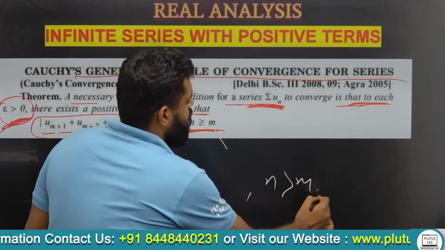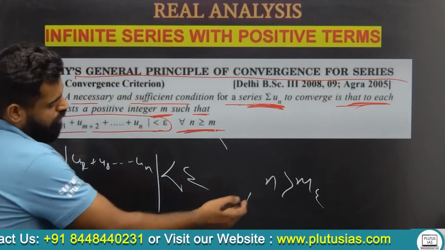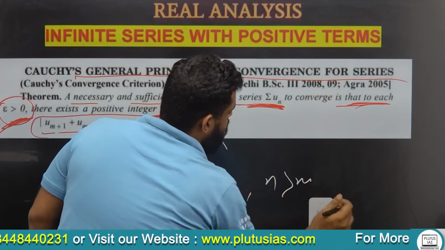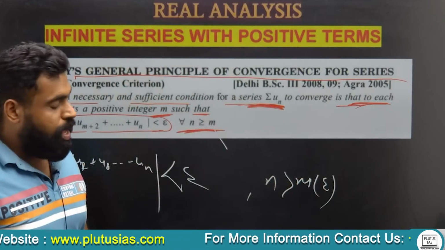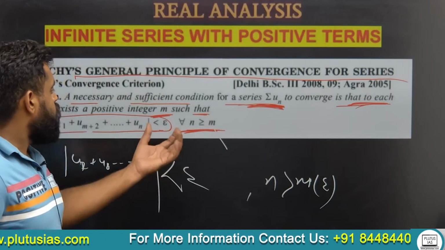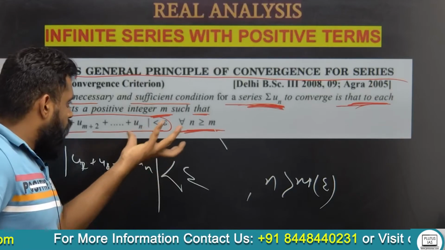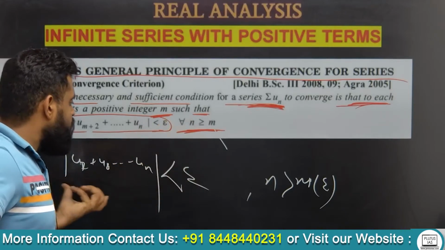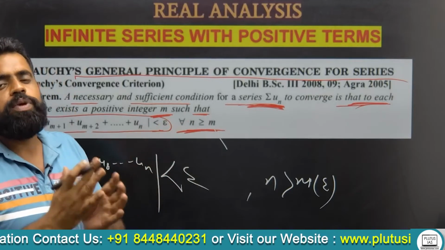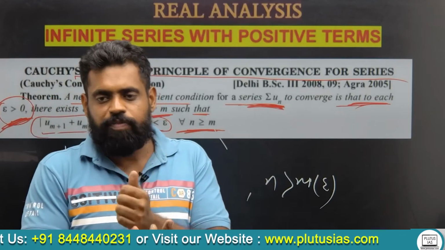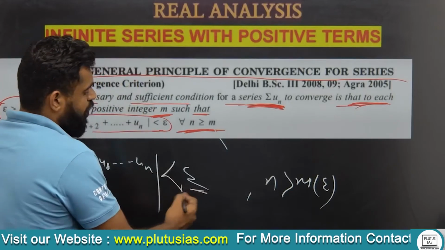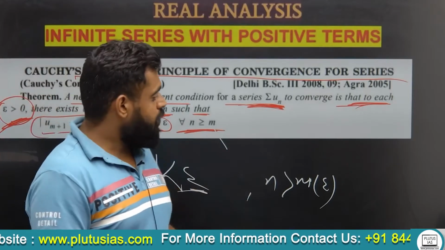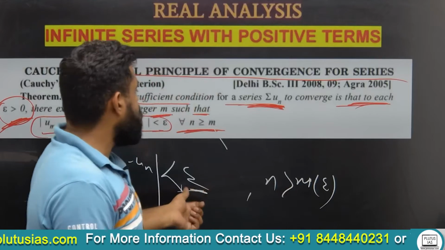I could write this showing that m is a function of epsilon. So after a specific m, all the summation is less than a fixed number, that is epsilon, and the value of m depends upon this epsilon.